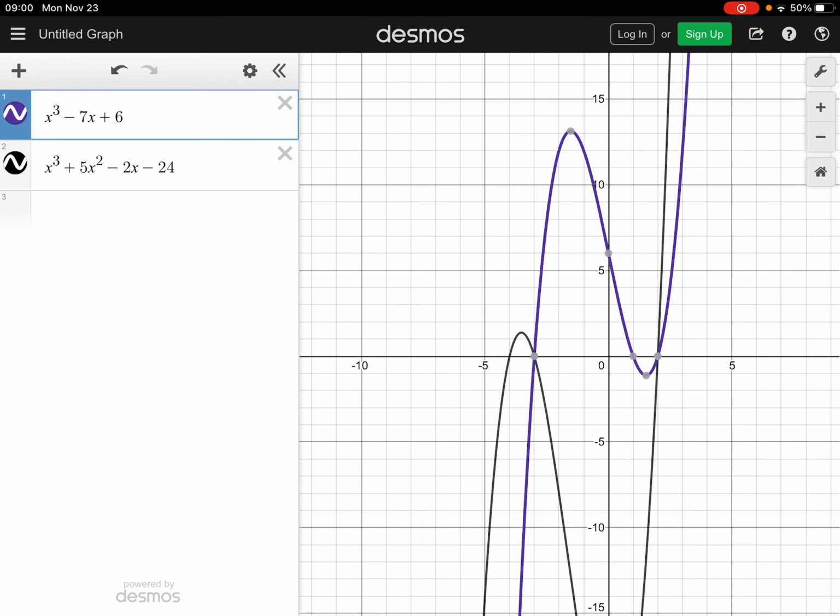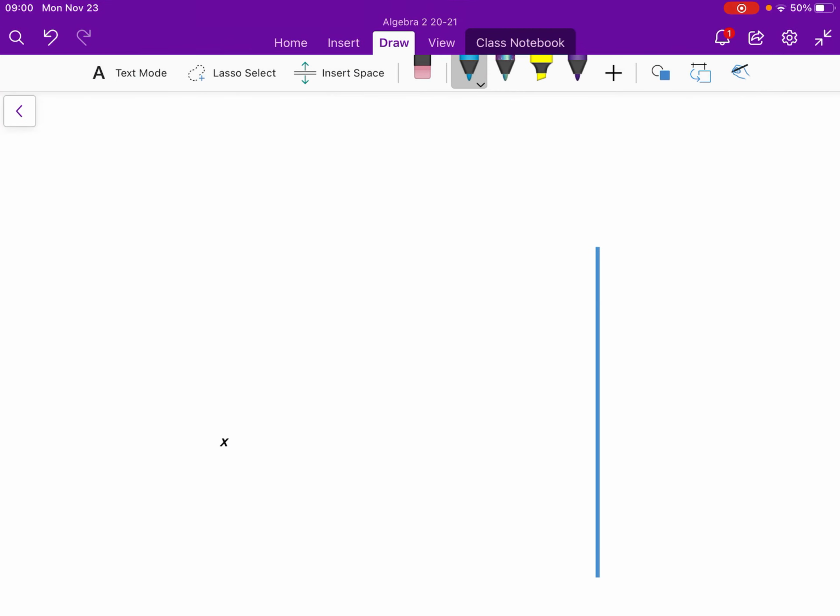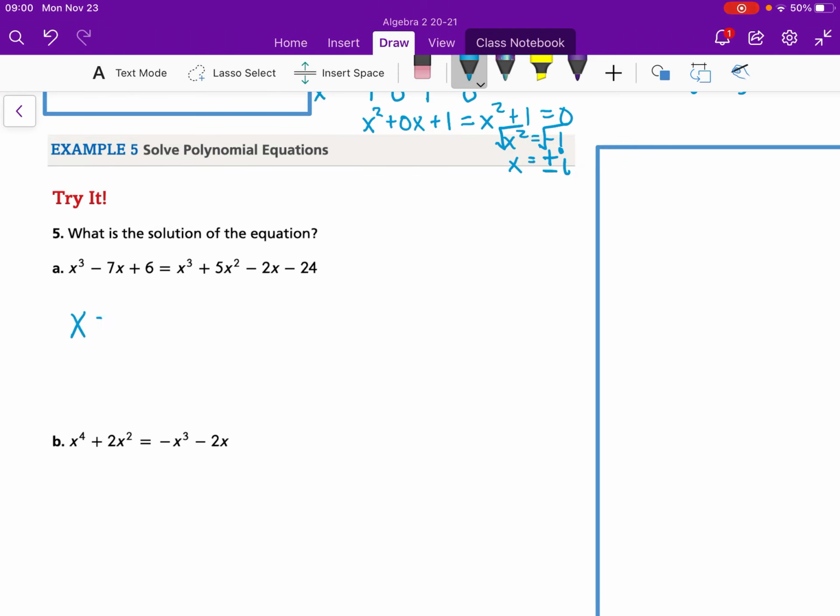And that looks like it. And those are our answers. So 2 and negative 3. Remember, we do not need the y values because there's only an x there. So I put this side in one line and this side in the other and state where they intersect.